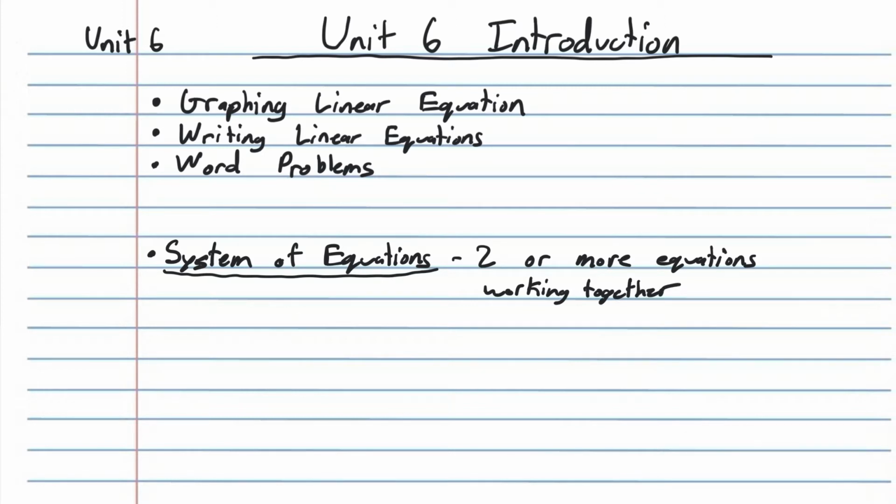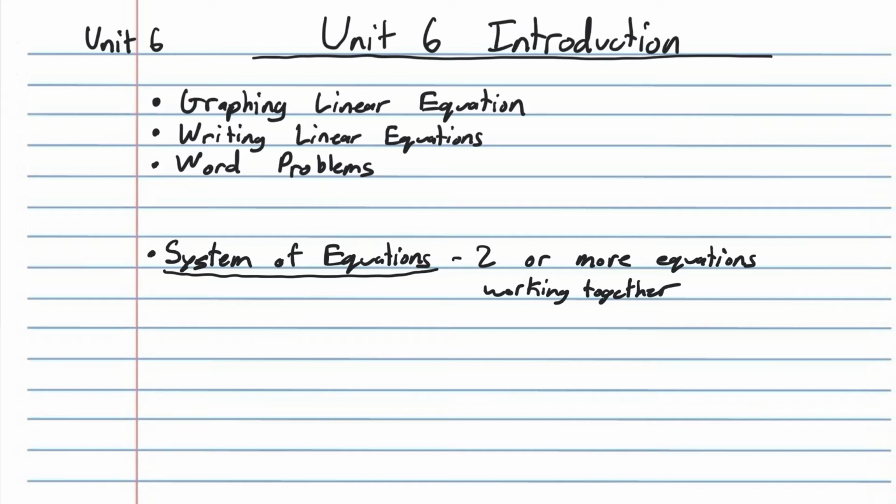Now, as far as this class is concerned, we're probably going to stick with just two equations. But as you go farther in math, you could get a system of three equations or four equations. Or if you're like me and you go to college for math, sometimes you have a system of six equations or whatever the case may be. So a system of equations is just two or more. For this class, it'll probably be just two equations.